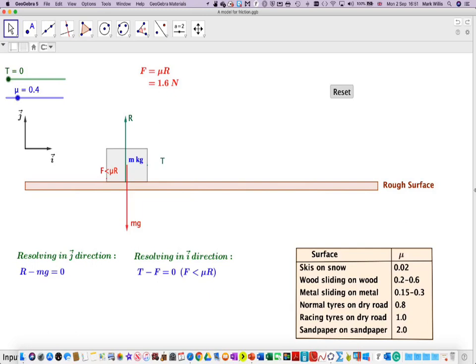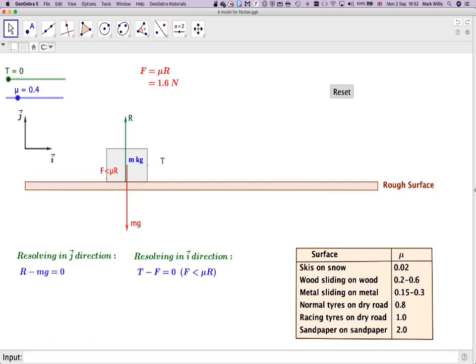There are three stages when you try to move this block along this rough surface. If I try to increase the tension, we're going to put a force here.